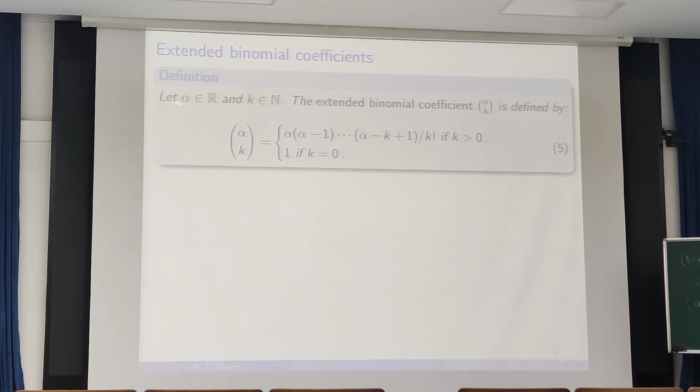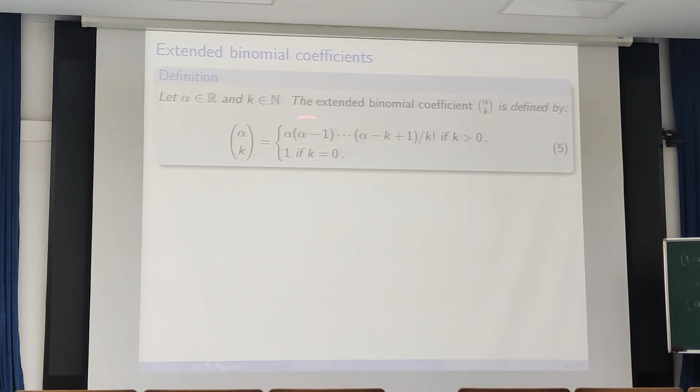Okay? So here we know that in the normal, classical binomial formula, the binomial coefficient is n choose k. Okay? n is the exponent. So in order to define the formula for an arbitrary exponent, not necessarily an integer, we need to define this quantity alpha choose k, where alpha may not be a positive integer.